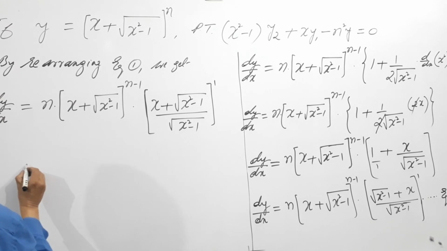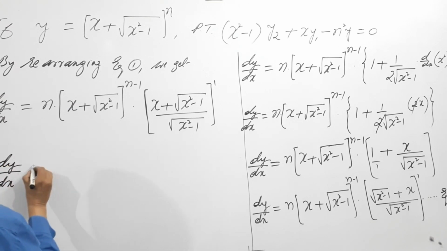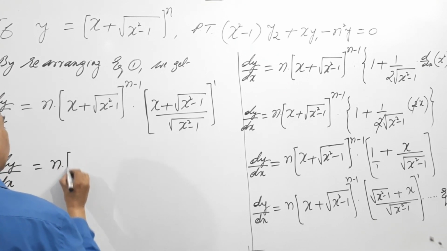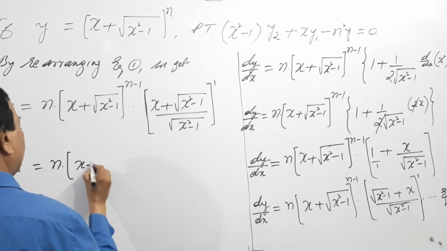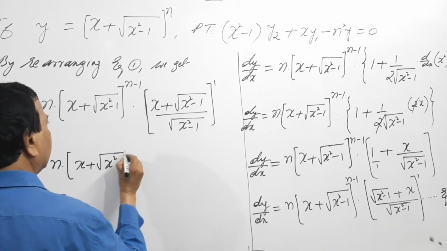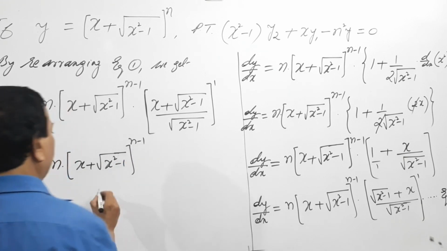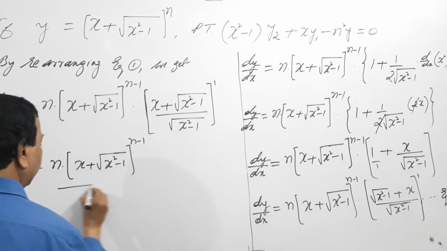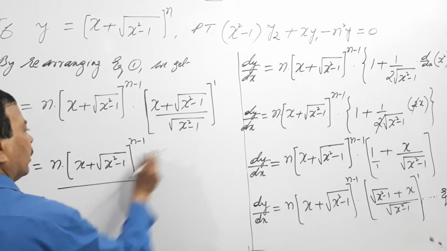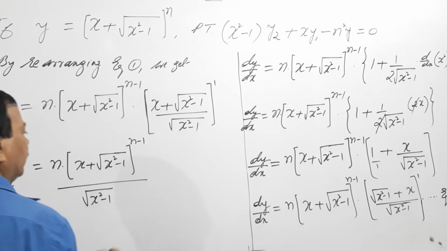What happens to this? dy by dx equals what? n into (x plus under the root x square minus 1) to the power of n minus 1, and I write this as (x plus under the root x square minus 1) over under the root x square minus 1.